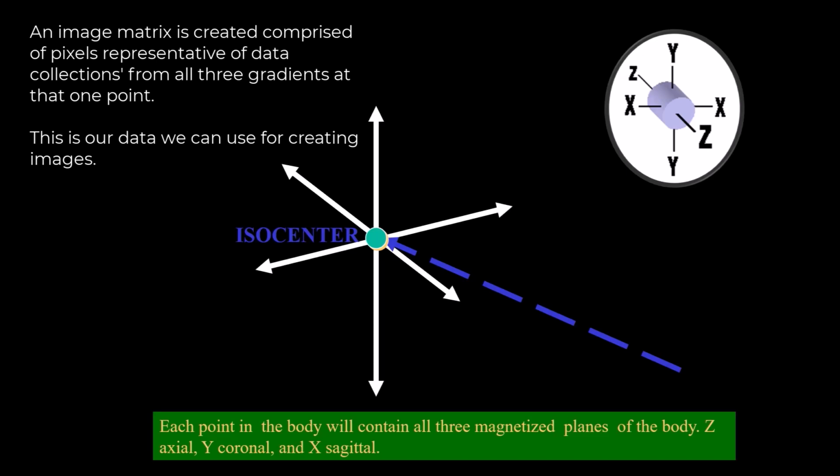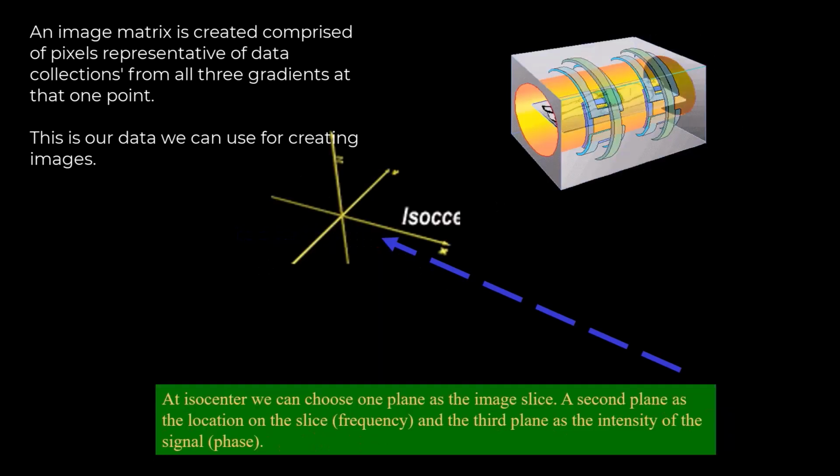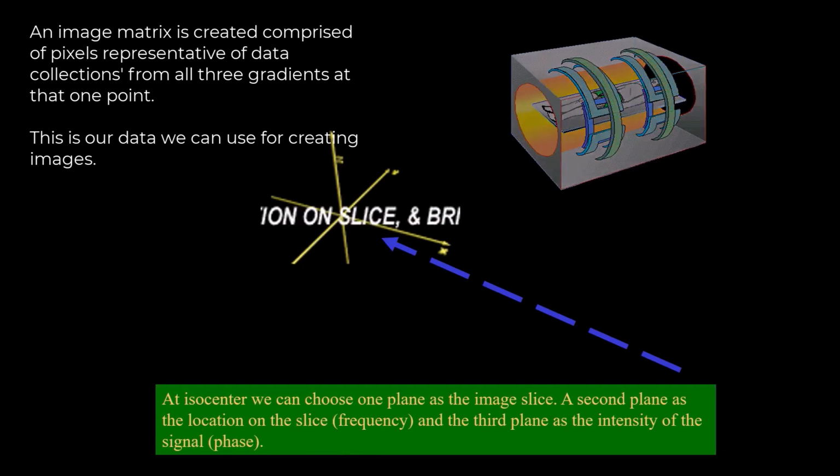In MRI, an image matrix is created which is comprised of pixels that represent the data collection from all 3 gradients at one specific point or pixel upon that matrix. An MRI image display is a matrix of pixels that are comprised of the data that was collected during the examination.